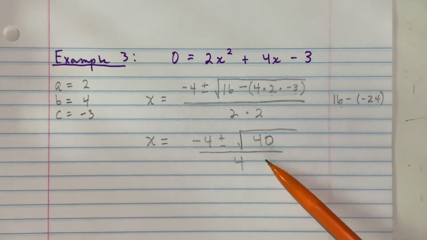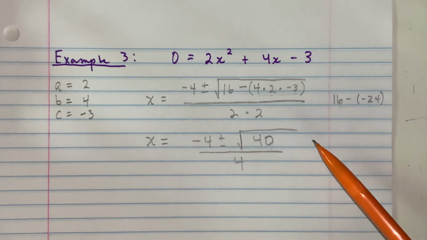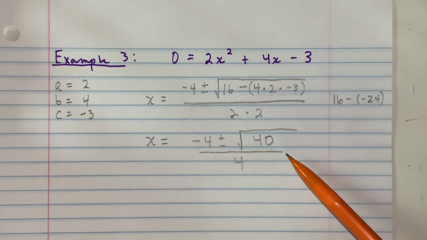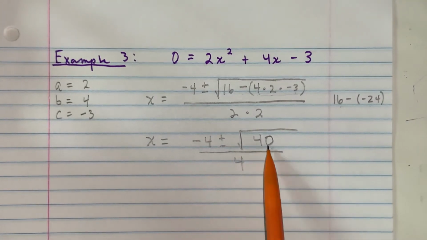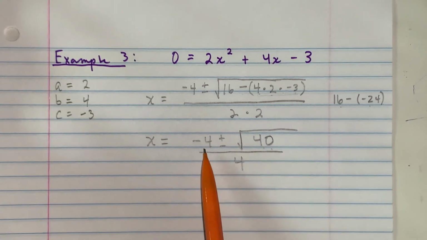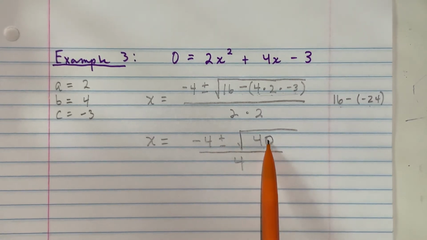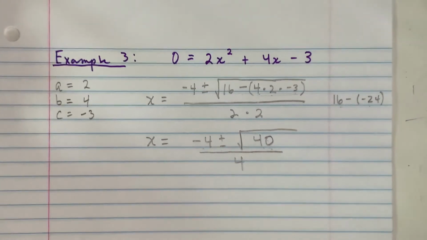So we're allowed to just leave it like this, but notice how this would have two solutions, right? Because this is a square root of a positive number, so you would have negative 4 plus that number, and you would have negative 4 minus that number, and that would give us different numbers if we were to do it. You could see yesterday's example.